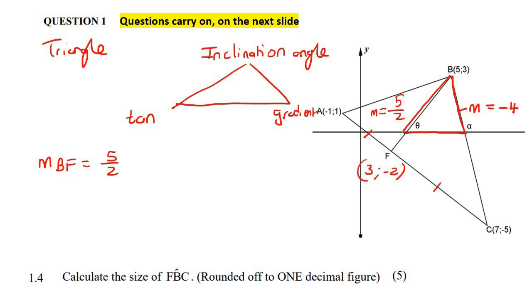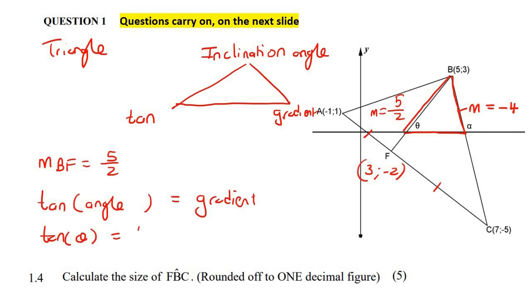So we can work out the angle by using tan. Let me show you how it works. We know that tan of the angle equals the gradient. So tan of theta is equal to 5 over 2. But to get theta, we have to use the reverse of tan, which is called inverse tan.